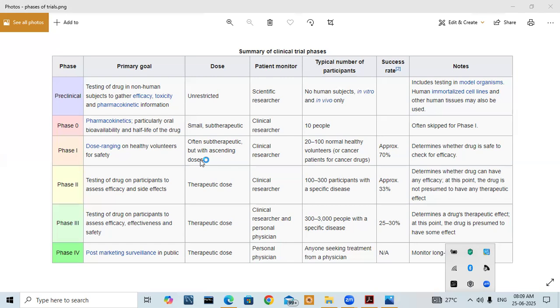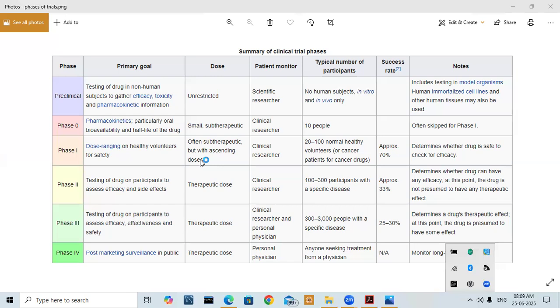Paracetamol can be taken up to 1000 milligram. After reaching 1000 milligram, if we increase the dose further, it will cause very harmful effects. So 1000 milligram is the maximum dose we can give to a patient.